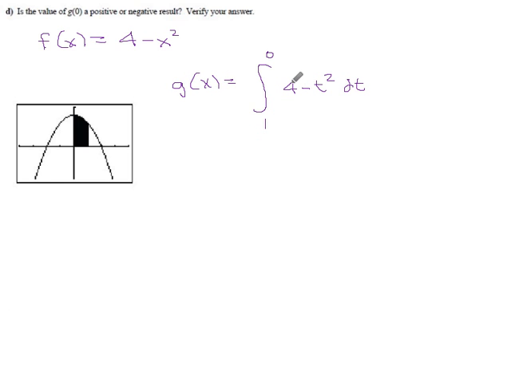When we do this integral, we have to do an antiderivative, which is easy enough. We get 4t for the first term, minus, and then the power of t goes up to 3, and then we divide by 3.